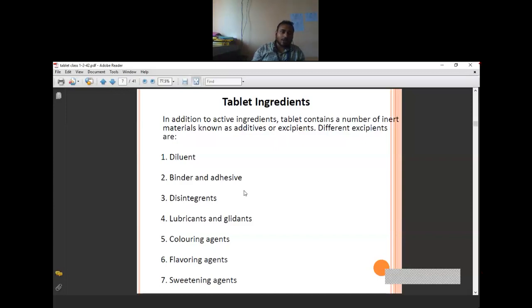And how many types of tablet granulation process are there? There are two types, wet granulation and dry granulation. What is the use of binders in the granulation method? To make the individual particles, individual granules, stick together to form one tablet, a coherent mass, is not it?